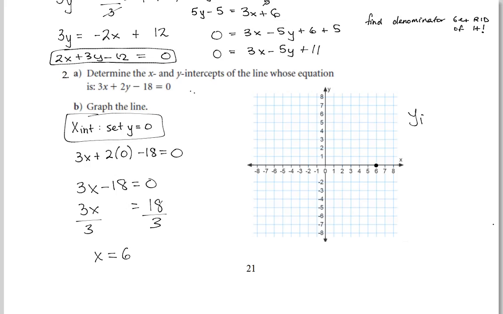Okay, for the y-intercept, what would you have to set to 0? Yeah, because now for y-intercepts, this is where y-intercepts live. When the x is 0. So we set x equal to 0.